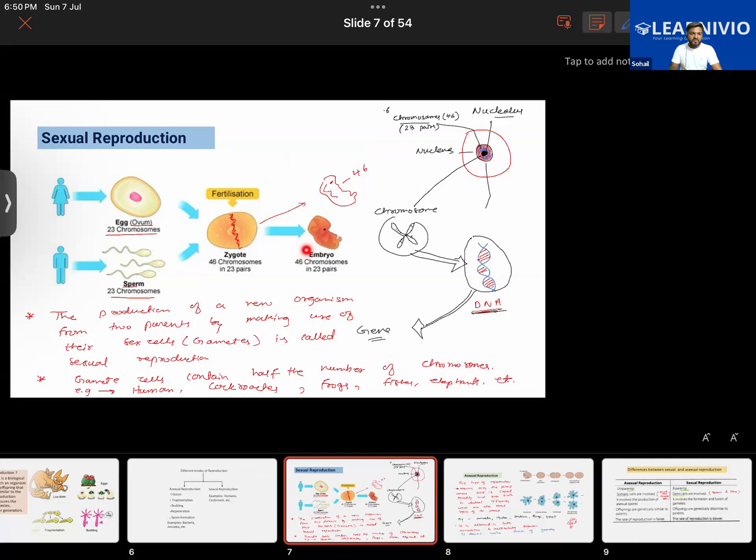The embryo will later grow into a new human, different from its parents. It will have genetic material from both parents, but it will not be identical to either parent.